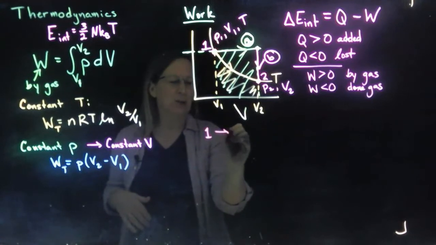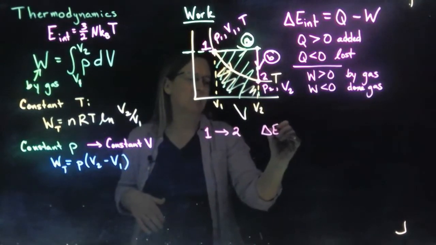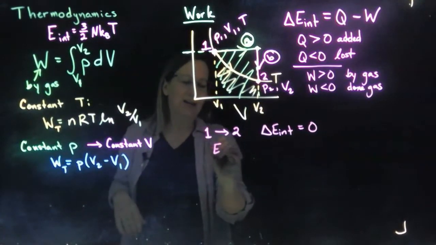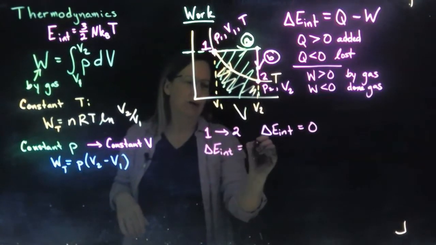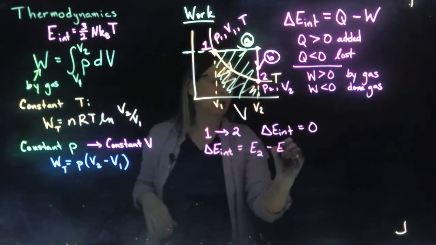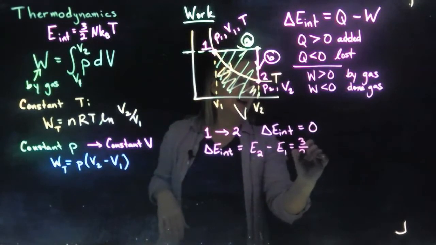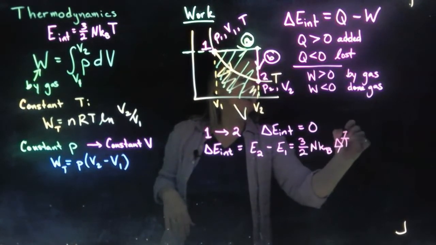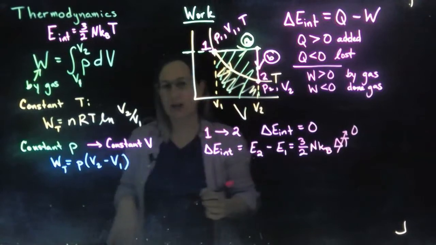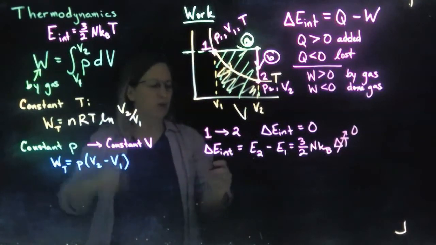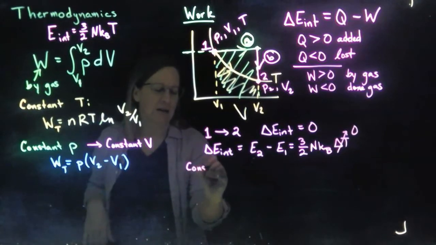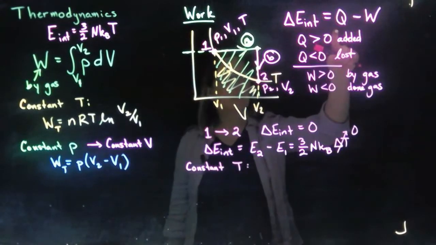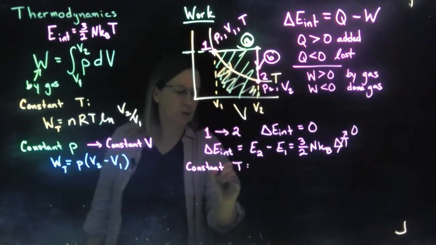From 1 to 2, the temperature change is equal to 0 because the change in internal energy would be internal energy 2 minus internal energy 1, and that would be 3/2 k_B delta T, and our delta T is 0, so we have no change in internal energy. So along this constant T, all of the heat must be equal to the work because we have delta E equals 0.